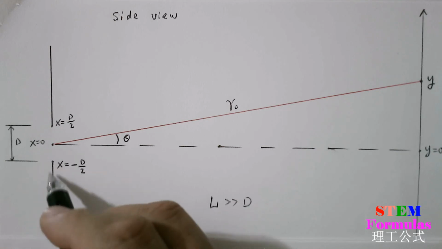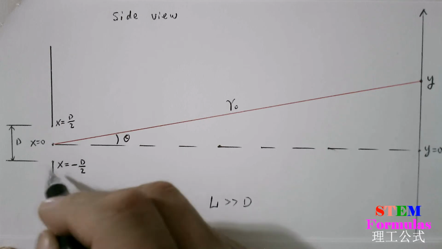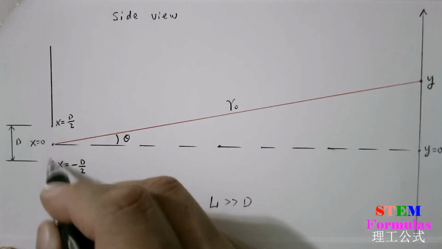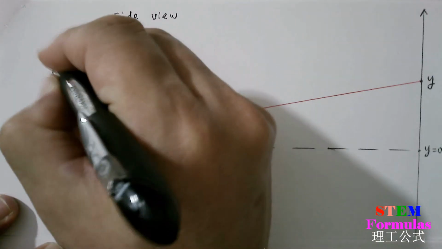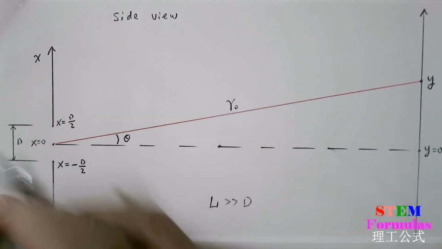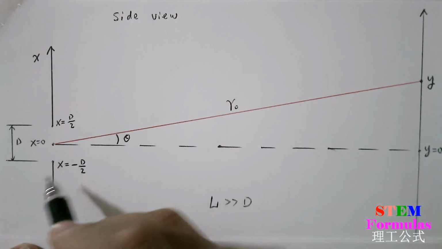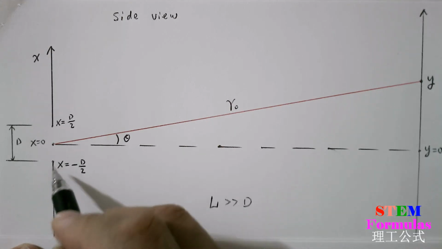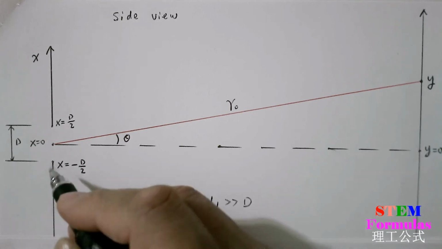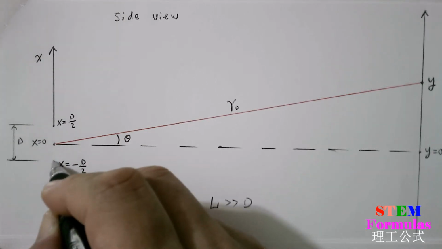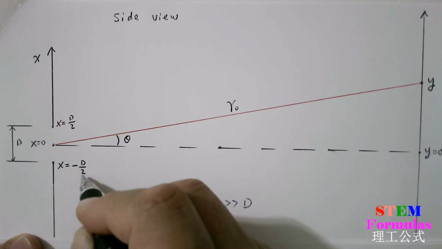On the slit, we also set up a coordinate, which we call the x coordinate. So here is x. The bottom point is x equal to minus d divided by 2.